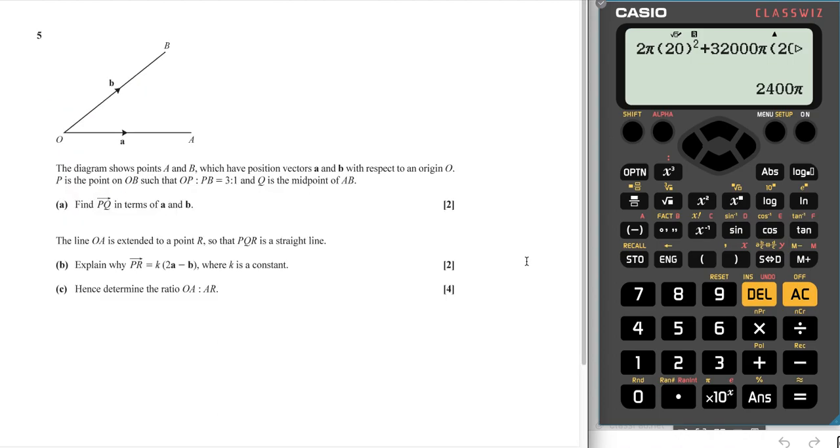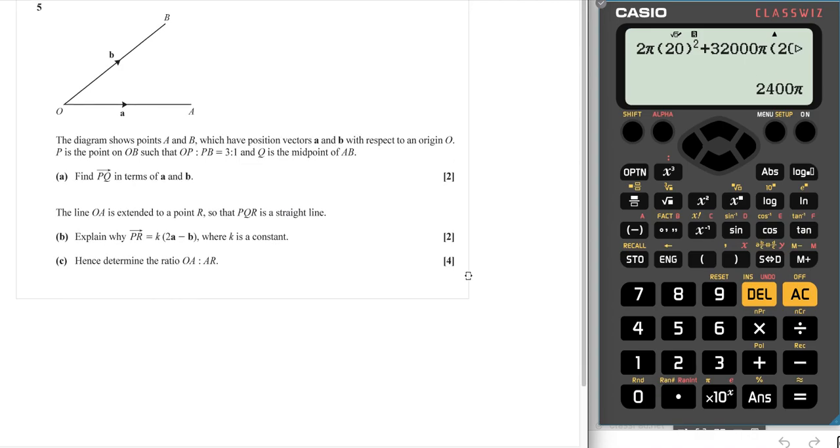Right, question 5. Ooh, vectors. I like a good vector. So, what have we got? The diagram shows points A and B which have position vectors a and b with respect to origin O. P is the point on OB such that OP to PB is 3 to 1, and Q is the midpoint of AB.